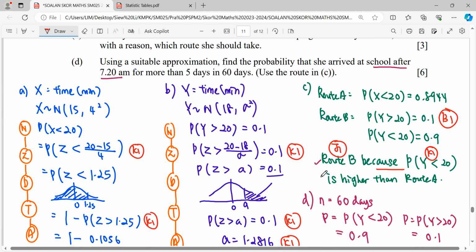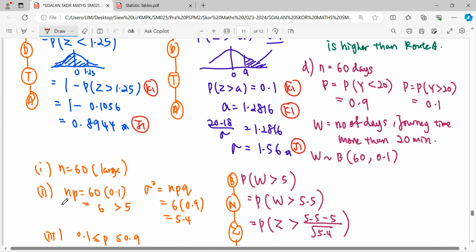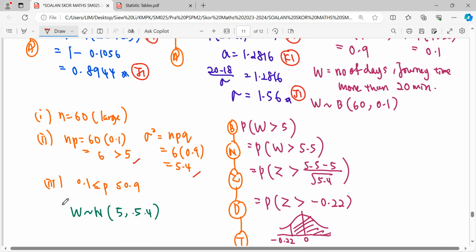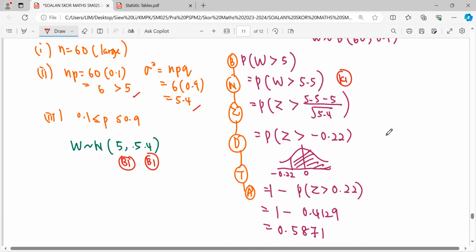And then for D, change from the binomial to normal with the mean 6 and variance 5.4. So find out your mean and variance in the distribution and then do the continuity correction, then the concept of changing to standard Z-score, and then the concept of finding from the table, then simplify to the final answer.